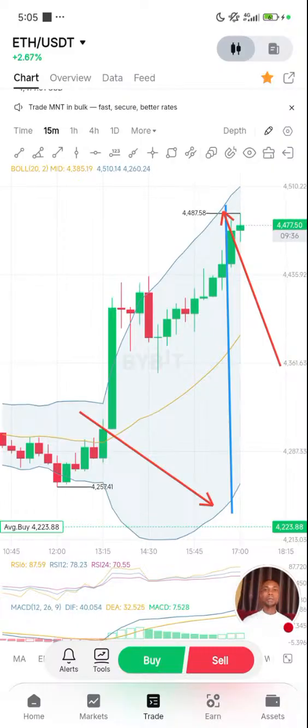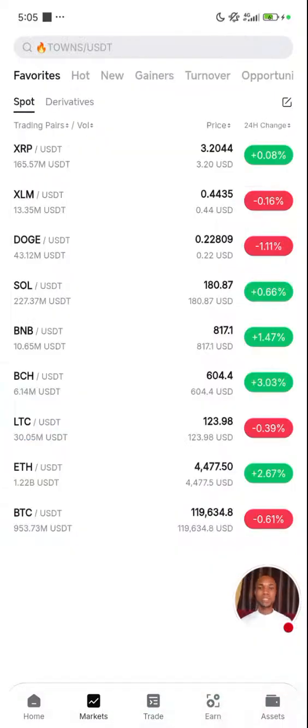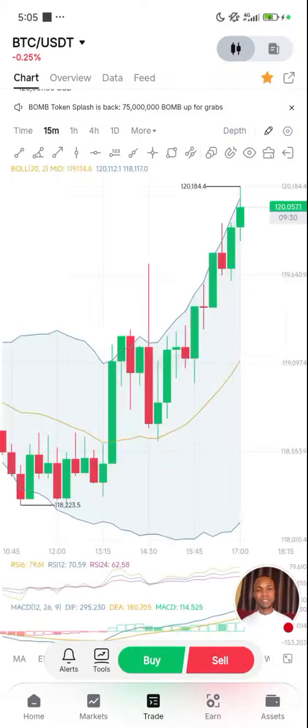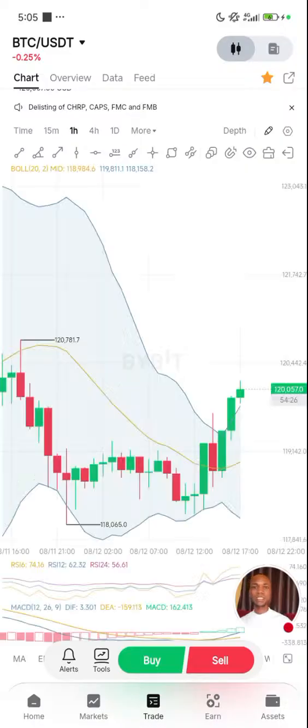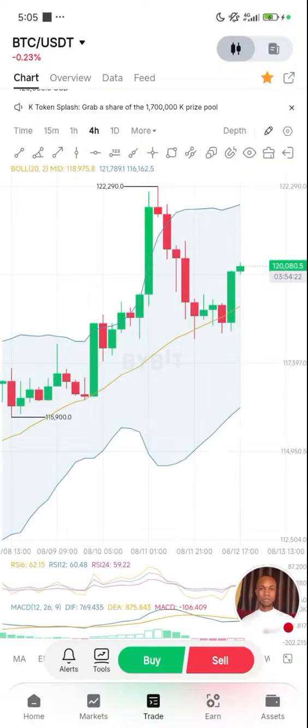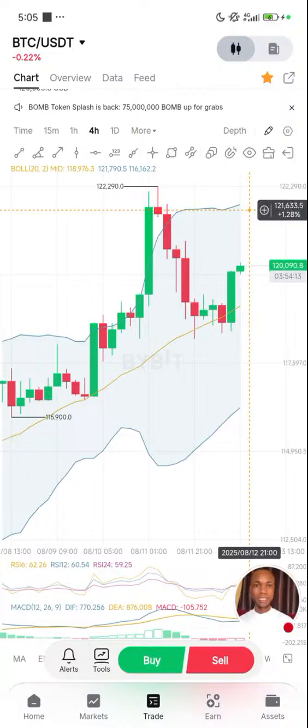If you look at this place now, this is Bitcoin, and Bitcoin is still in the same mood. The Bitcoin time frame has not been met yet, so Bitcoin is going to continue going up.